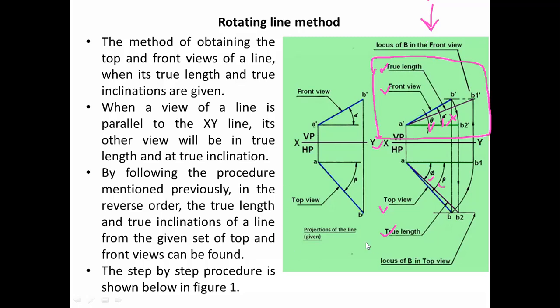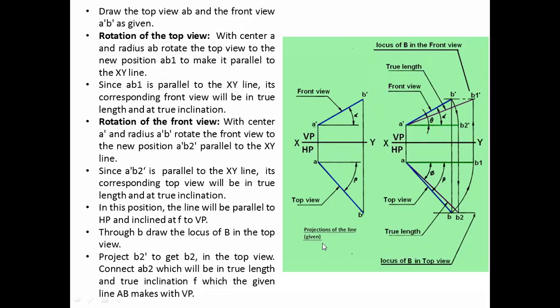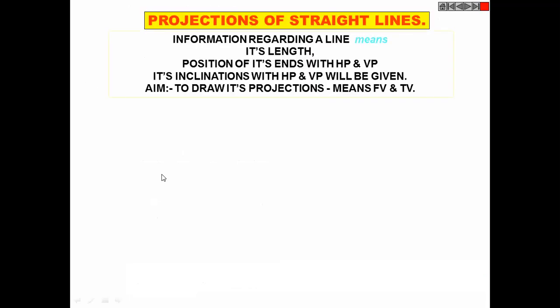Now we will see what is next. Okay, so this is that discussion only what we have already seen. We will rather see it in an actual problem. The projection of straight lines we will see now in some animations also. Information regarding a line means, what information is given to you?